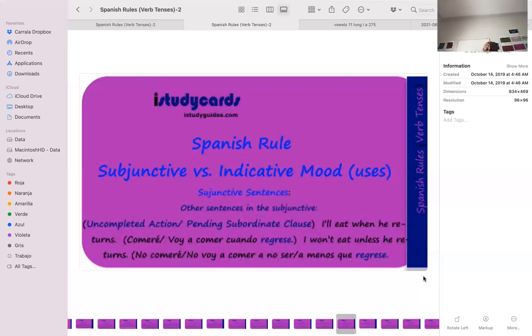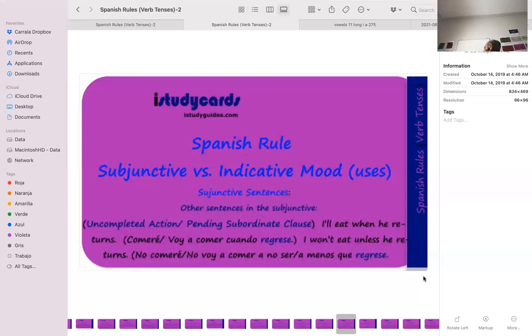So if you start with the "when he returns", comma, the independent clause, if you're talking about it in the present, the independent clause is in the future. So when he returns, cuando regrese, comeré, I will eat.